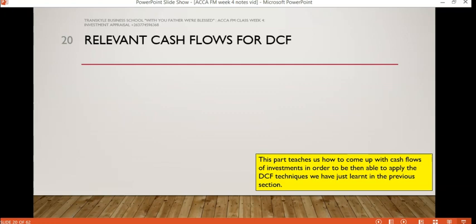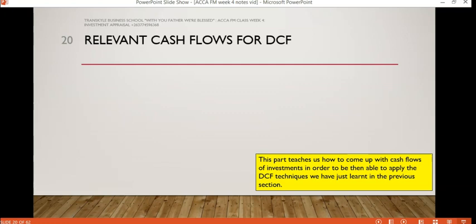For example, if we have a building and decided to use it for a grocery shop, we are foregoing a rental income, because in that shop we could have sublet it and gotten some rental income.